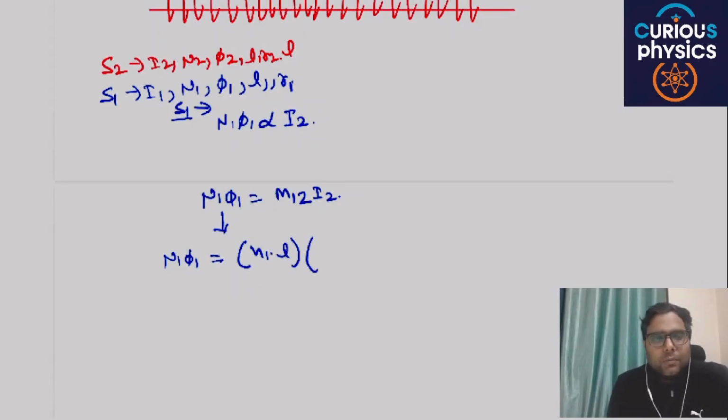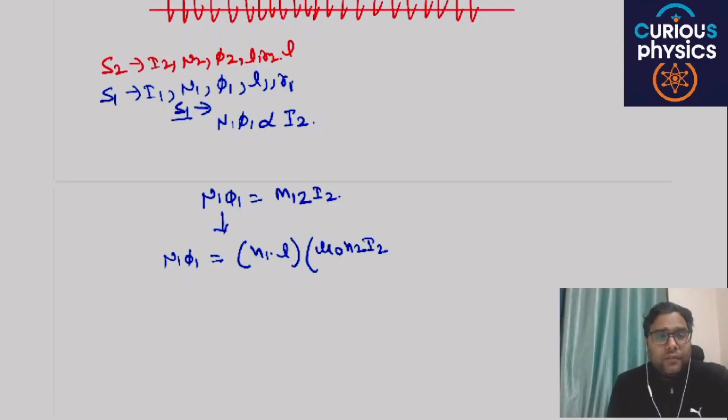What will be the value of phi? Phi is nothing but B into A, because here the angle between the area vector and the magnetic field is 0 degrees, or 180 degrees, but both are parallel. The magnetic field due to I2 at the center of S1 will be mu naught n2 I2.